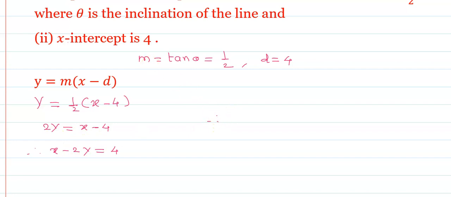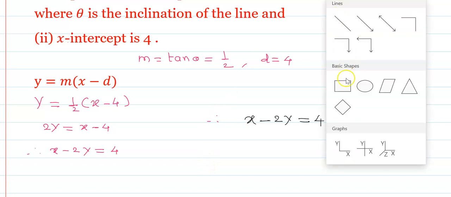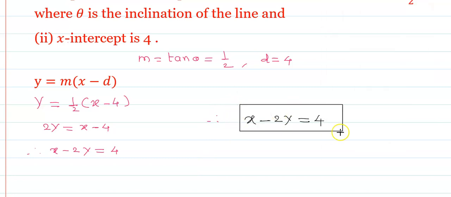Therefore, I can write this equation in this form: x minus 2y is equal to 4. You can check this. For the x-intercept, substitute the value. Simplification: x minus 2y is equal to 4 when it intercepts the x-axis.